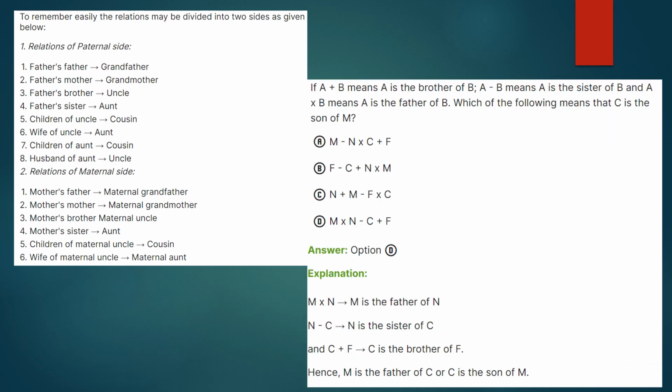Now, the next pattern which we have discussed is the coded system. Here the plus sign is given some meaning, the minus sign is given some meaning, and later different kinds of variables are used in the options.